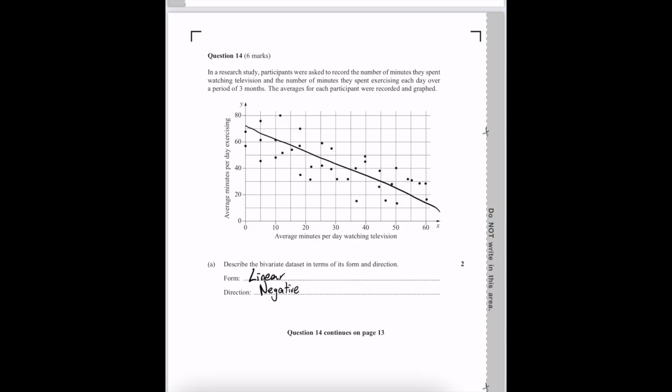What we should be able to identify first is this graph only goes to 60. If we were to extend this dotted line past that, we can keep going down, and we get into a negative number of minutes per day that we're exercising, which just doesn't make intuitive sense.